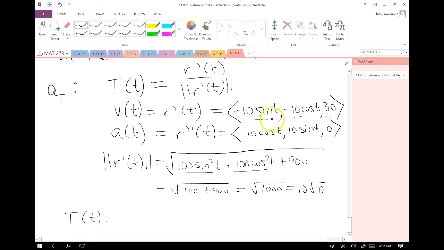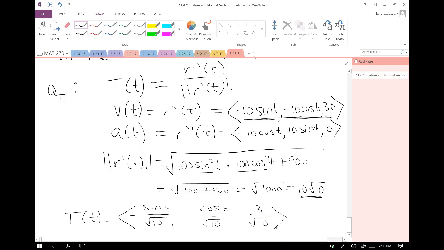So if we do r prime divided by magnitude of r prime, all those 10s will cancel out. We end up with negative sine t over radical 10, negative cosine t over radical 10, and then 3 over radical 10.